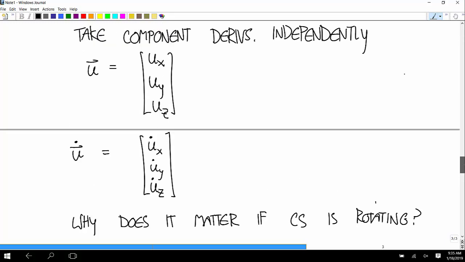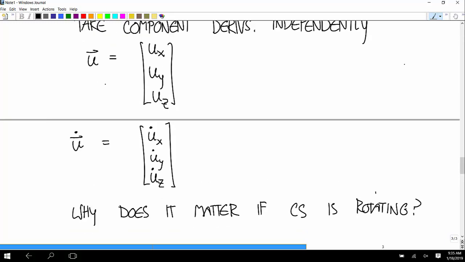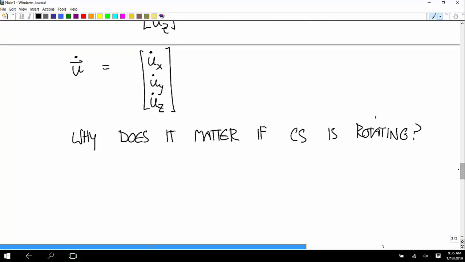Well, this way of writing u, remember, means the same thing as this. So our vector u is equal to ux times i plus uy times j plus uz times k, right?